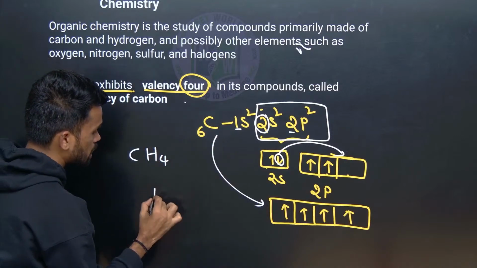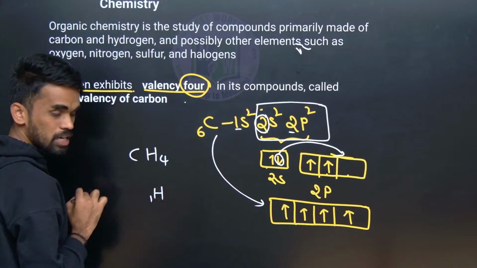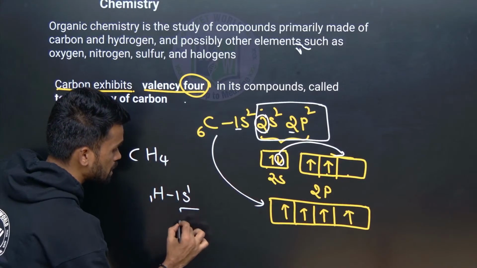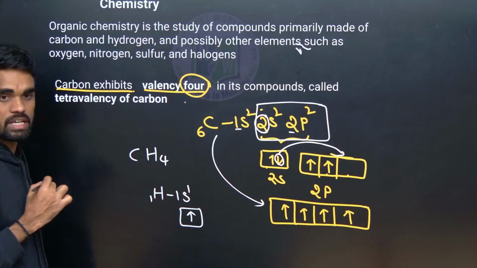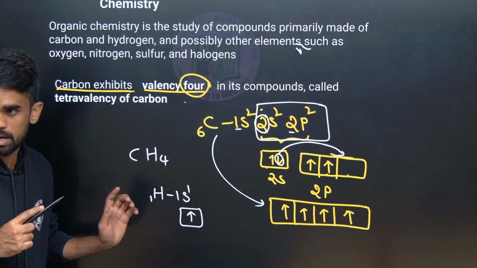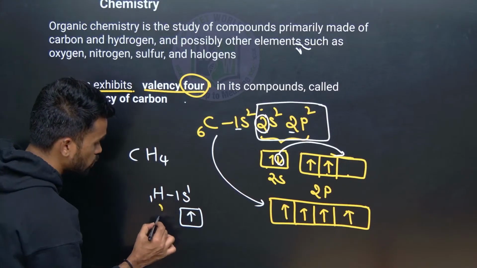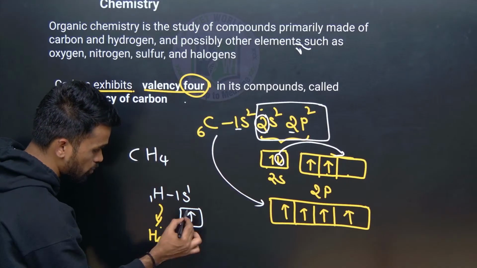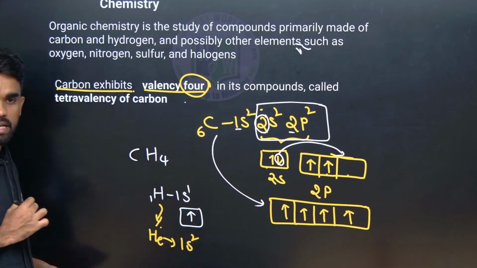Now hydrogen electronic configuration, you tell me. Atomic number is 1, so I can write 1s1. It means hydrogen also has only 1 electron in its valency. In order to fulfill this, to get the helium gas configuration, we require 1 more electron so that it becomes 1s2.